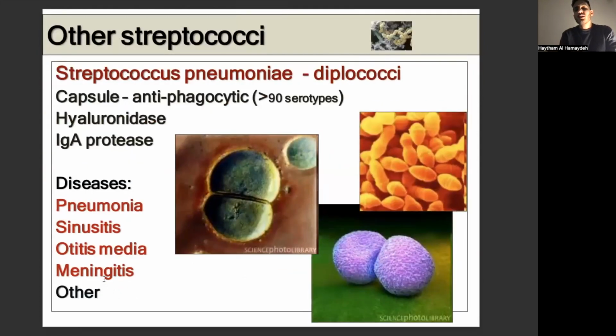Streptococcus pneumoniae, from its name, causes damage to the lungs. They exist in pairs, and they're the only ones who exist in pairs. It has a lot of virulence factors such as the capsule, which is antiphagocytic, hyaluronidase that digests hyaluronic acid, and IgA protease, an enzyme that breaks down IgA in the mucous membrane, causing damage to it.